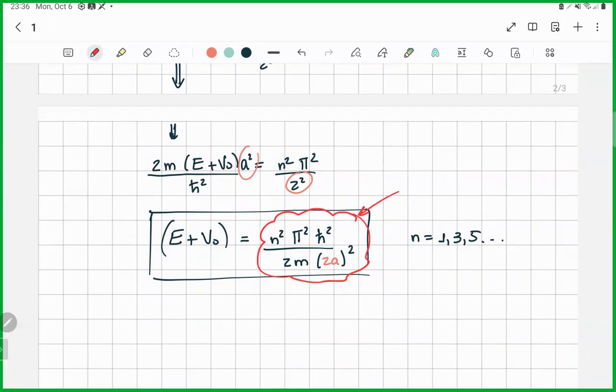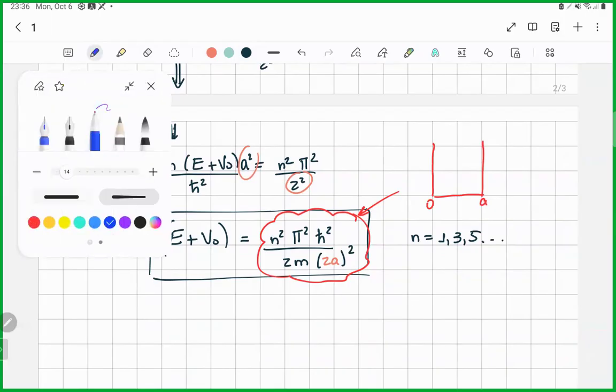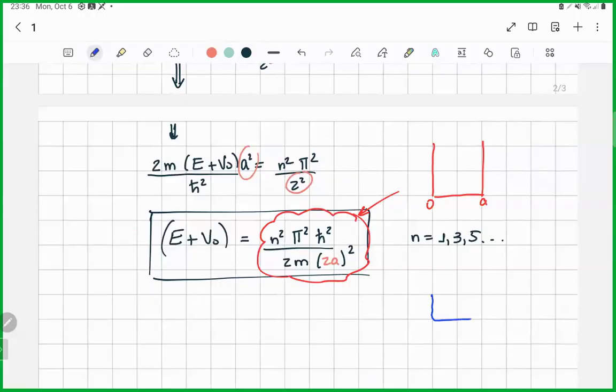The only difference is that when we solved the infinite square well, we had the potential between 0 and A. Now we have the potential between minus A and A, and so it's now twice as broad as the original one. So that's why we are getting 2A here. But the rest is exactly equal to the infinite square well.